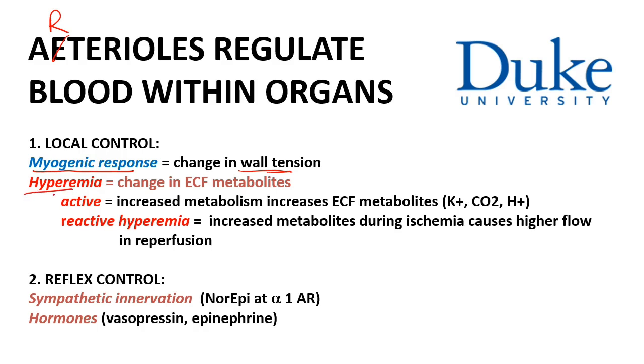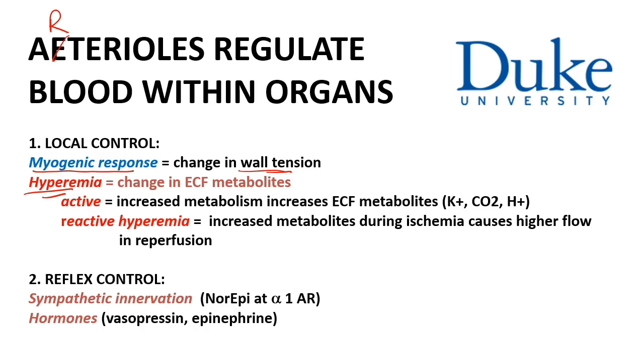The second is called hyperemia, and this is when there is a change in the interstitial space, that's the components within that interstitial space outside of a given tissue. So for instance, if we're exercising and our skeletal muscle is using up a lot of oxygen and is generating a lot of CO2, CO2 levels within the interstitial space outside of the skeletal muscle will rise.